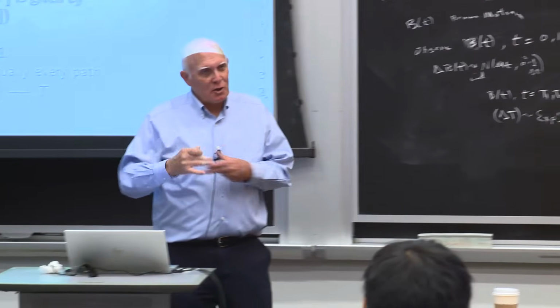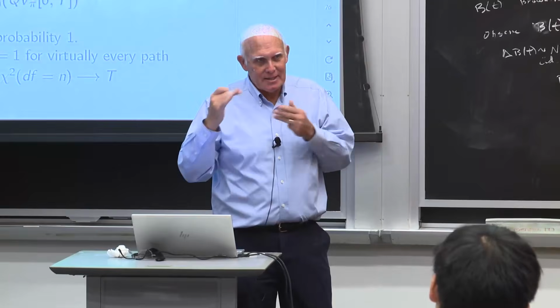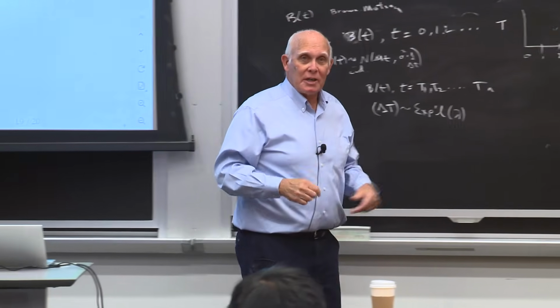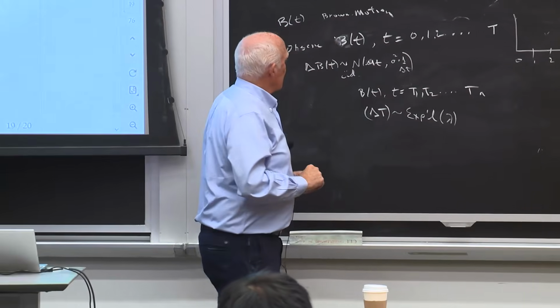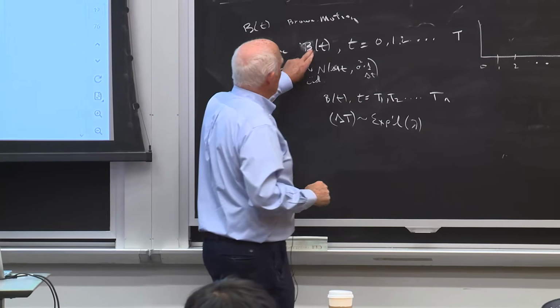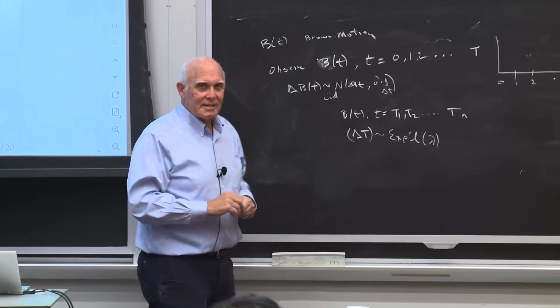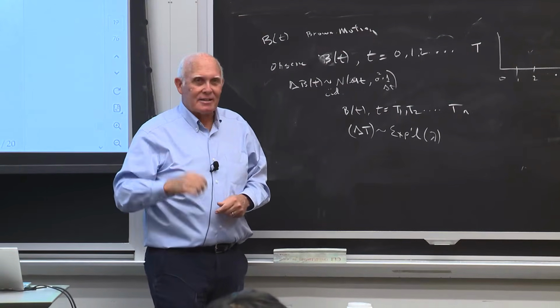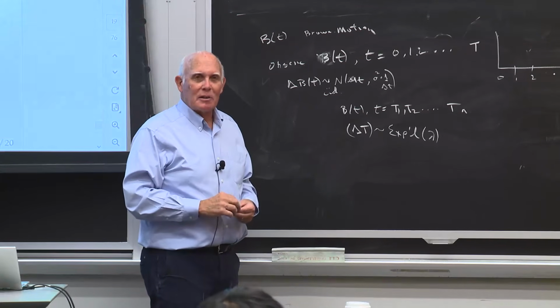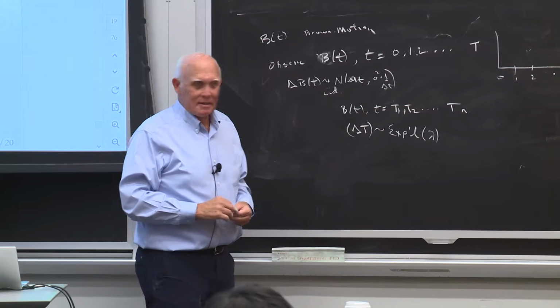So we're not observing the process at regular intervals, we're observing it at random intervals. It turns out then that the Brownian motion process has increments that are Laplace distributed.